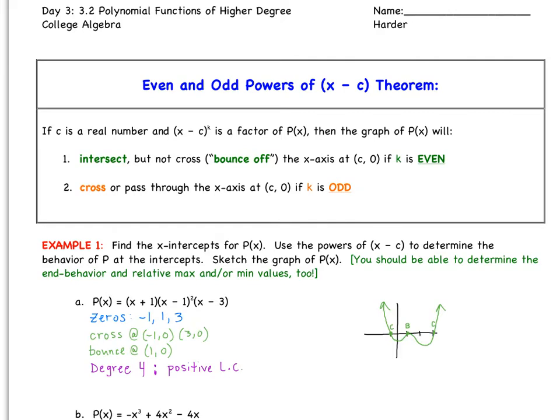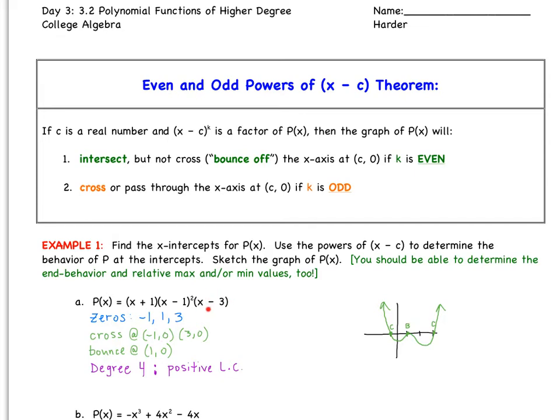Now we need to determine if it's going to cross or bounce at these intercepts. At x plus 1, at this x equals -1, I look at my power. There's nothing there, so it's degree 1, so it's odd. So I know it's going to cross at the point -1, 0.